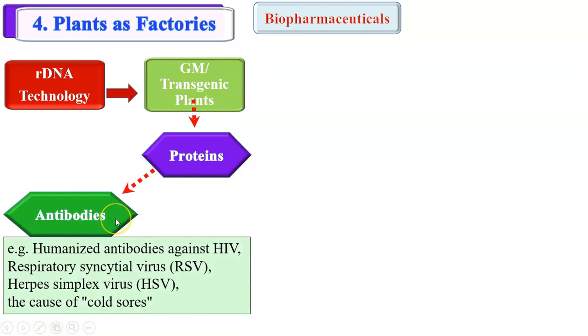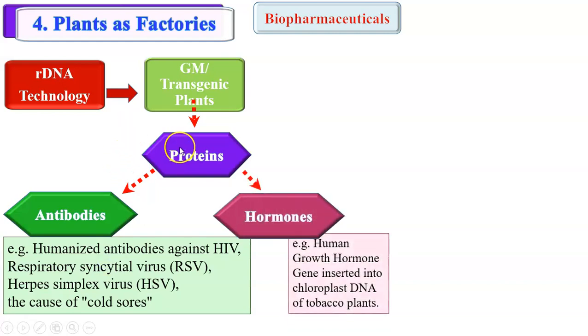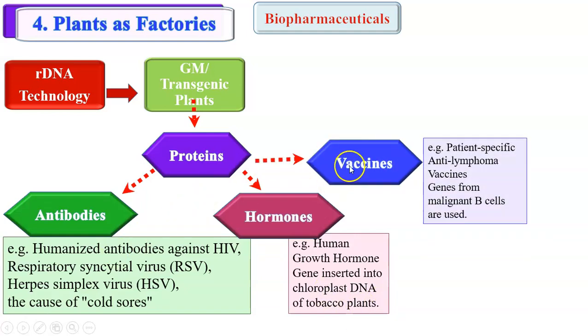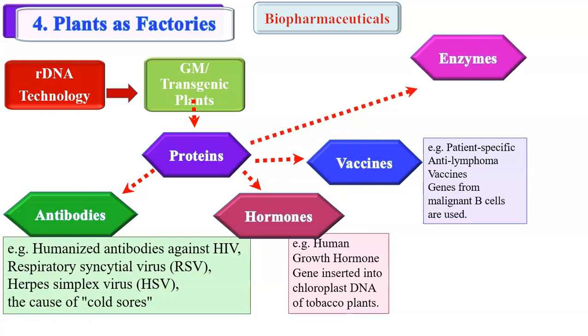Instead of vaccines, antibodies are used for the treatment of certain diseases. These proteins can be used as hormones, especially human growth hormone example is commonly given. This hormone is produced by the gene inserted into chloroplast DNA of tobacco plant. The proteins can also be used as vaccines and they can be used as enzymes.